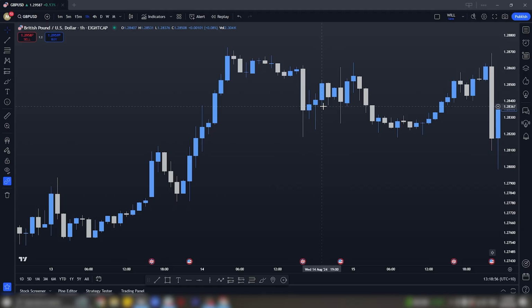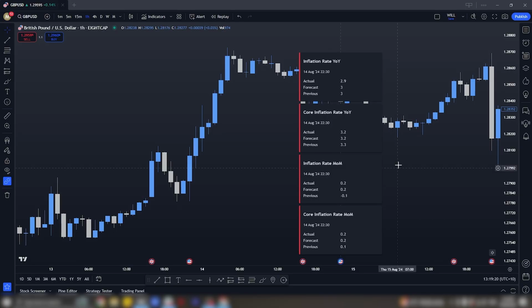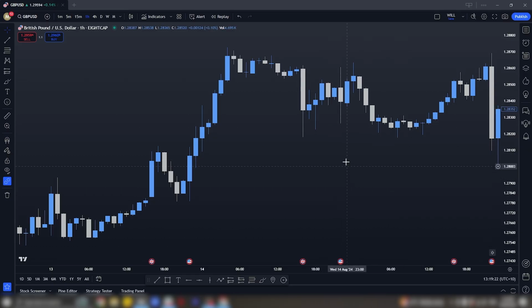They'll have different economic events for different currency pairs, but usually, just say you have currency pairs that both have the exact same currency in them, so GBP USD and Euro USD, you have to look at the economic event to make sure exactly what event it is. So down here we can see the United States flag, so that would be a United States economic release, and this was a British economic release.